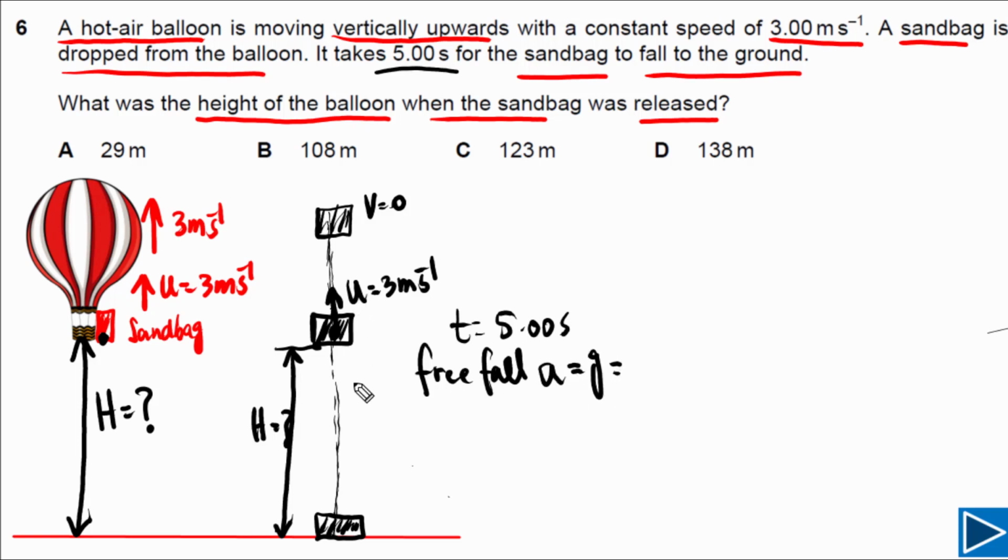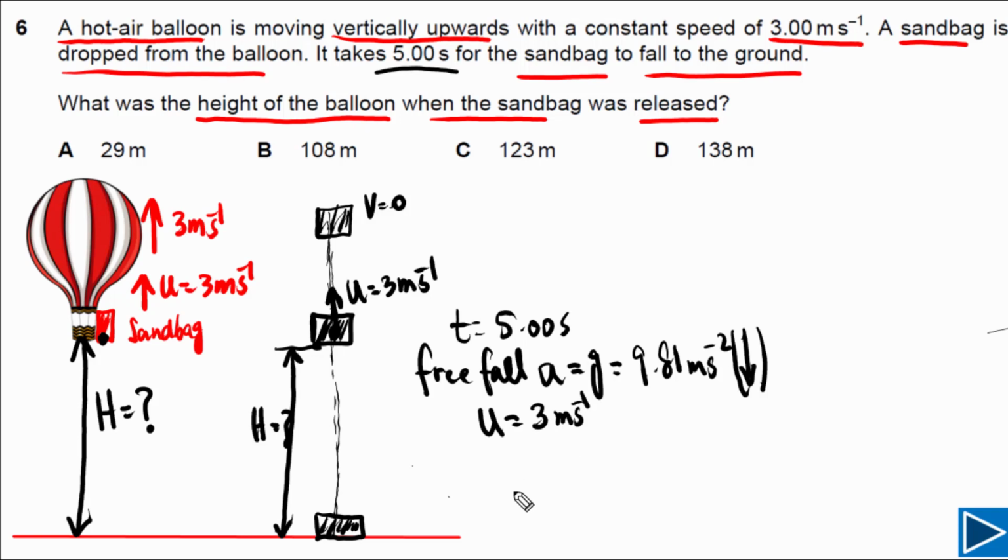So the acceleration of this sandbag is equal to 9.81 meters per second squared, and that acceleration is downwards because gravity is pulling this sandbag downwards. And the initial speed of this sandbag is also given, equal to 3 meters per second.